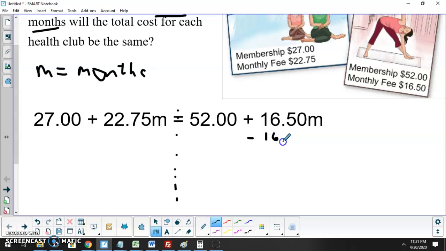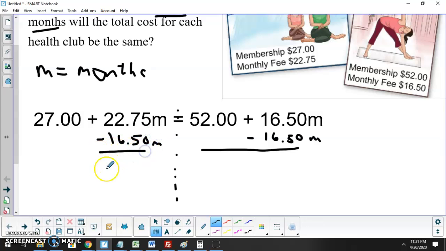So undo 16.50m by subtracting it on both sides of the equal sign. Subtract 16.50m.